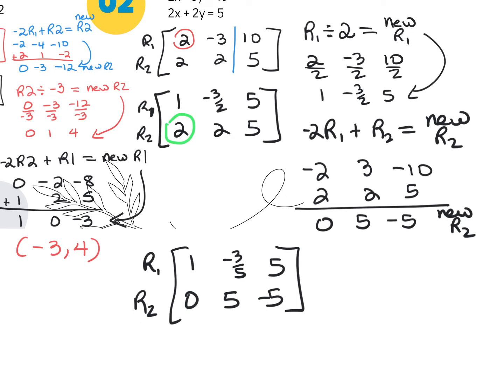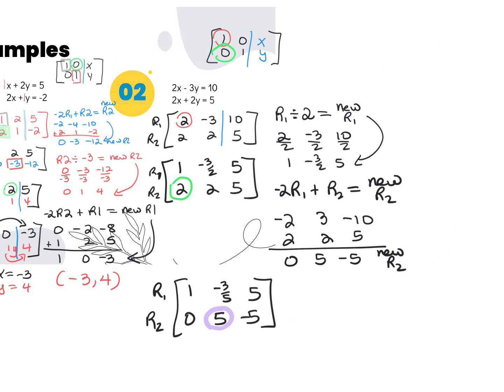I need to change the 5 into a 1. Because again, remember, this is what we're trying to make it into. And again, to make something become a 1, we divide it by itself. So I'm now taking row 2, and I'm dividing it by 5. This will give me my new row 2.